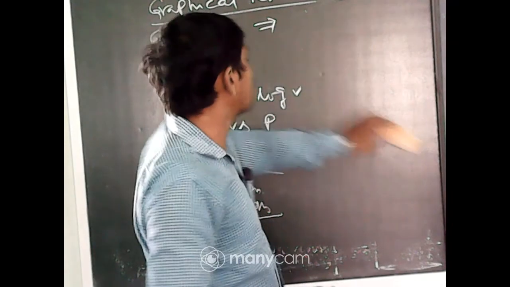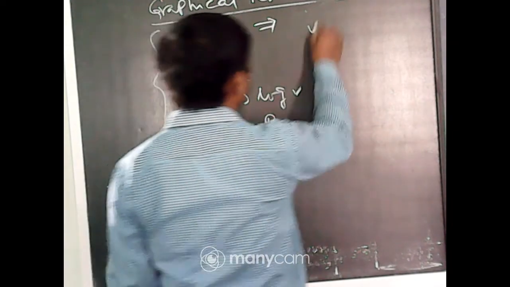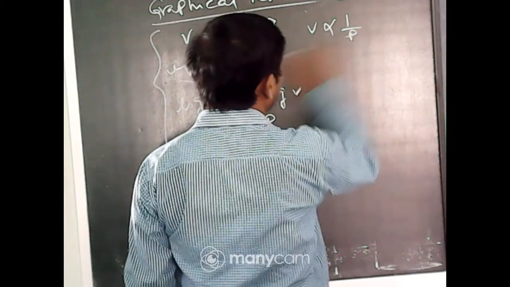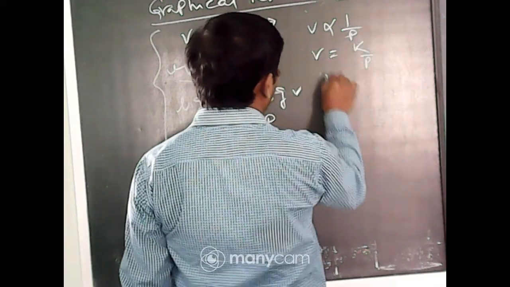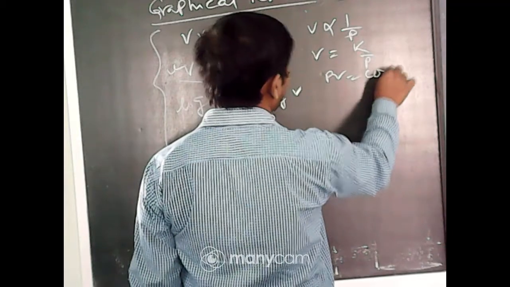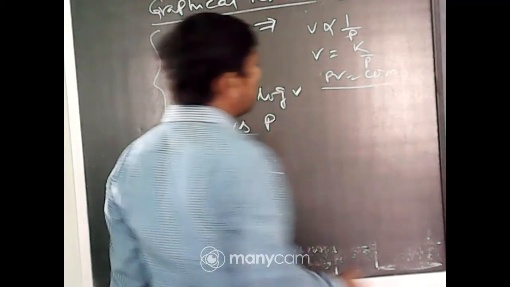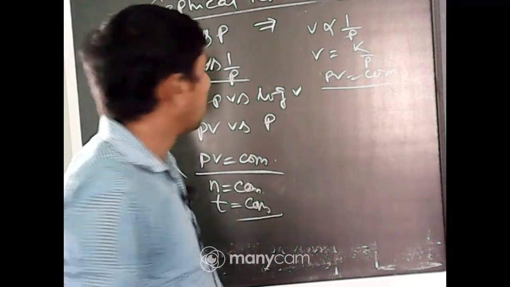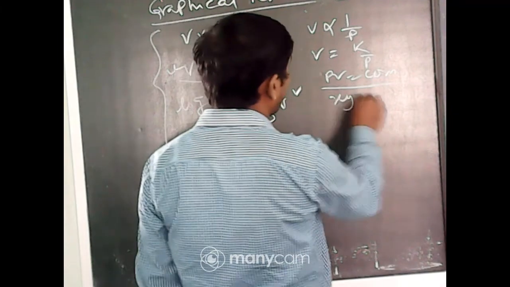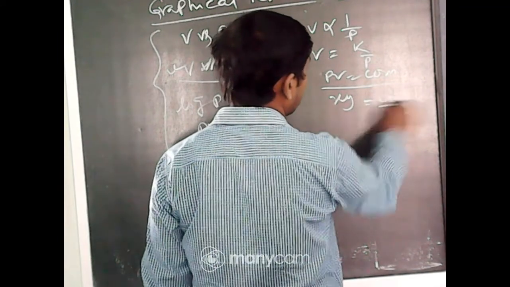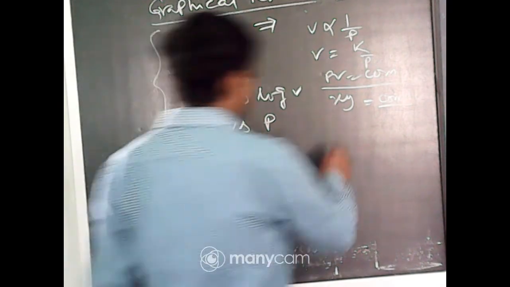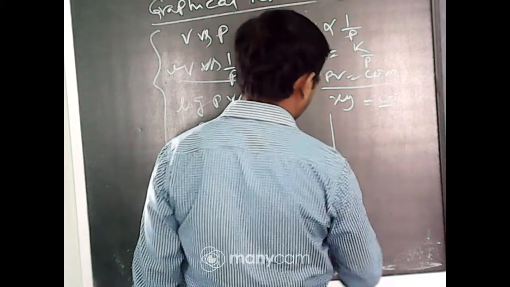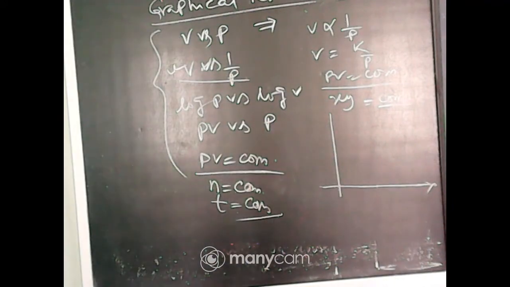So, for this reason we will take the concept from Boyle's rule, V varies as 1 by P, V equal to K by P or PV equal to K, that is a constant. So, PV equal to constant. So, we can call it xy equal to constant. Now, for this type of plot, it will be like that.